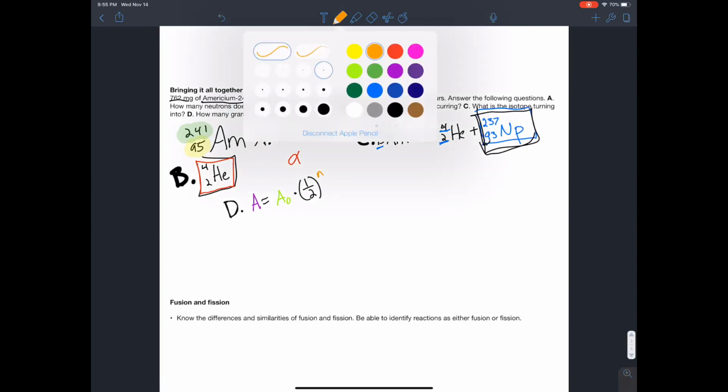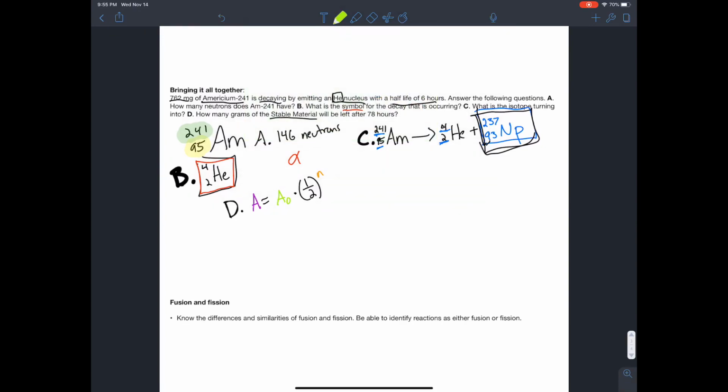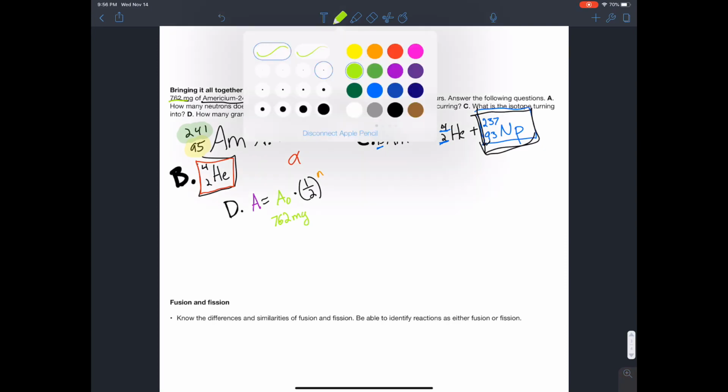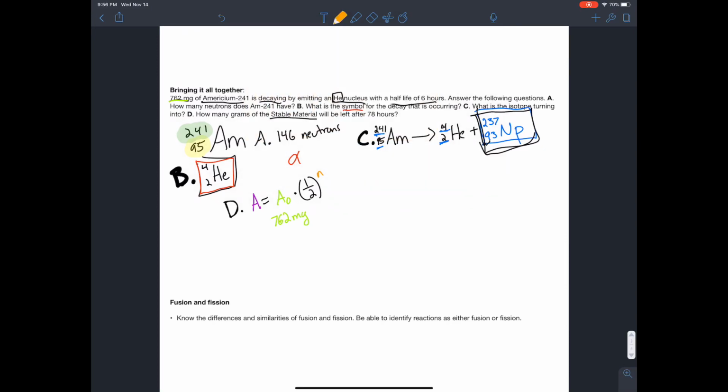We have our initial amount here, 762 milligrams. And our number of half-lives: it has a half-life of 6 hours, and we're asked how much is left after 78 hours.